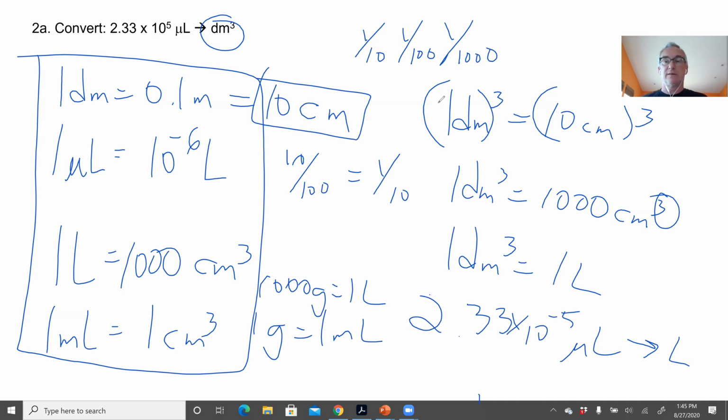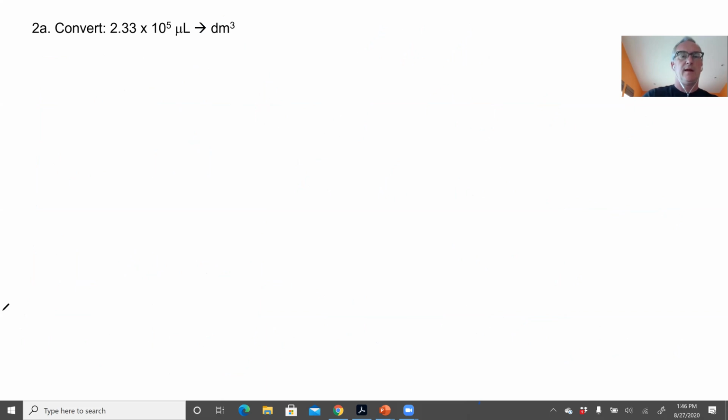So let's do that. Let's write out how we would actually do the whole thing. All right. So here's what I've got. I have 2.33 times 10 to the 5th microliters. Now, what am I going to multiply that by to get to liters?